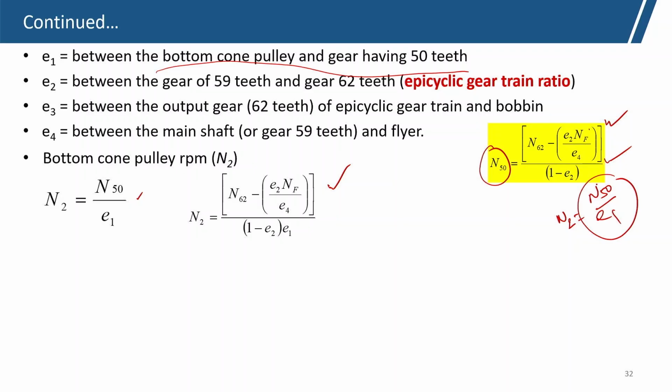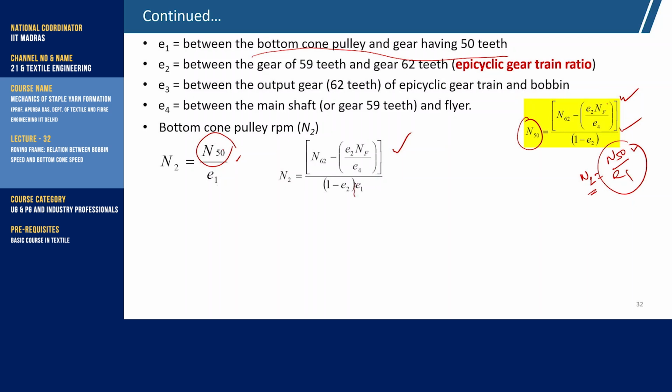What is N2? N2 is the bottom cone pulley RPM, and N50 is the RPM of the arm. So, N50 by E1. So, what we are getting? We just replace these things.